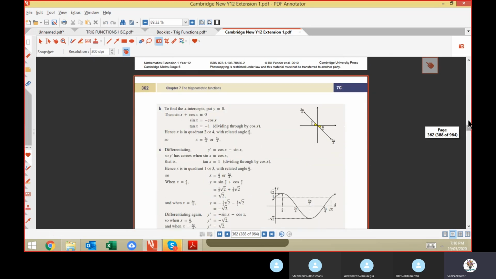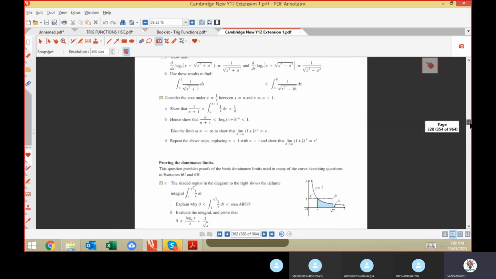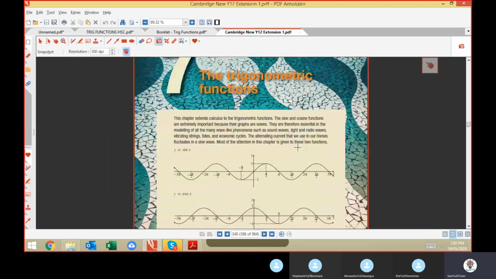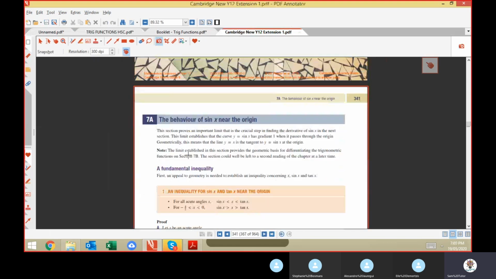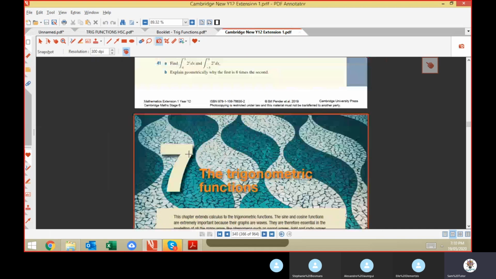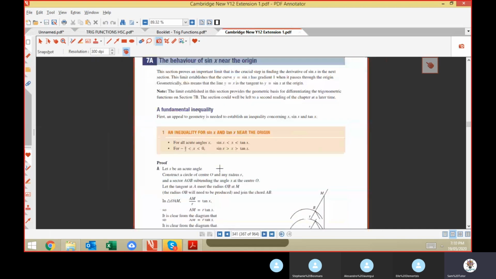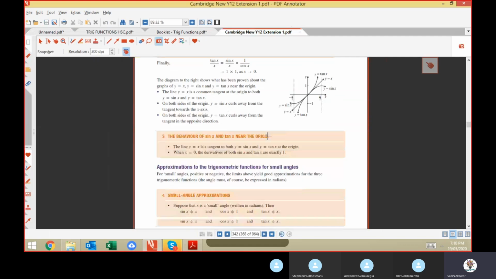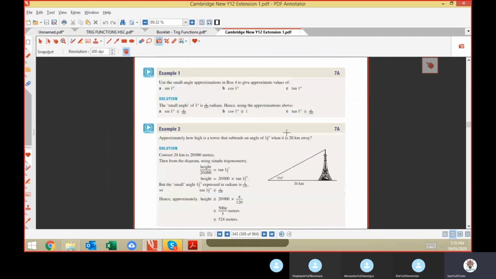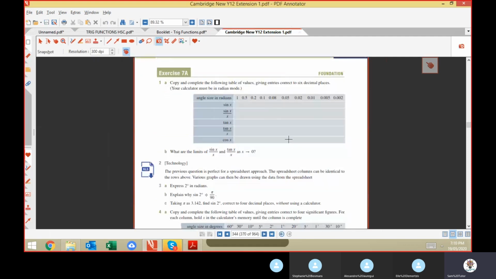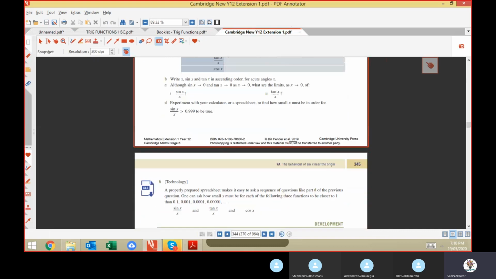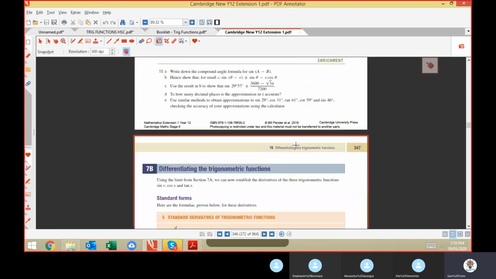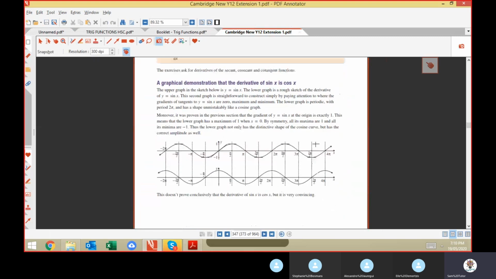Missed anything else from the end of the sample? Yeah, so behaviors of sine x. So sine and tan, I just said that to you guys. Differentiating trig, which we'll do now.